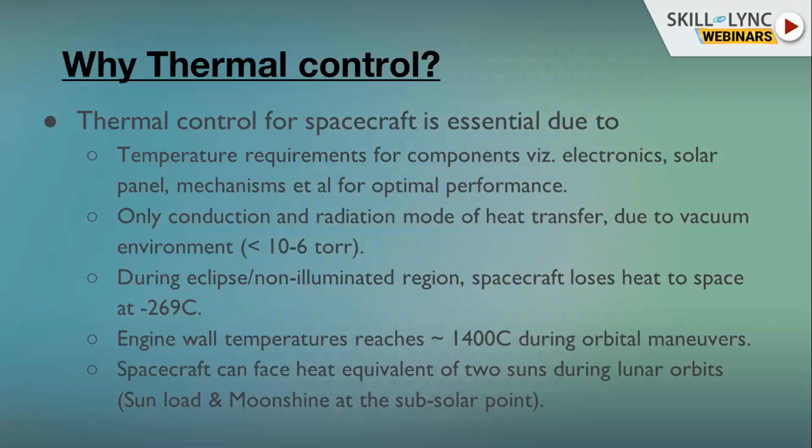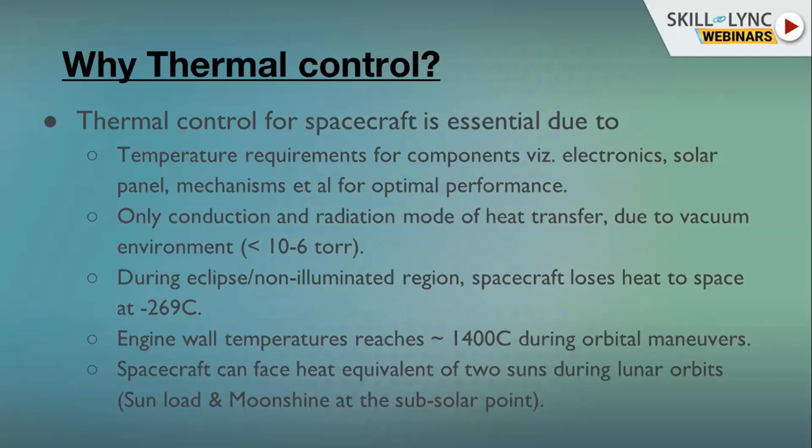To reach a specific orbit, it has to raise the orbit. How is it done? It is done using the thrusters. And while using these thrusters, there will be an increase in temperature of the surroundings of the spacecraft. So to protect from the heat transfer from the engine wall to the components, we need a thermal control strategy.